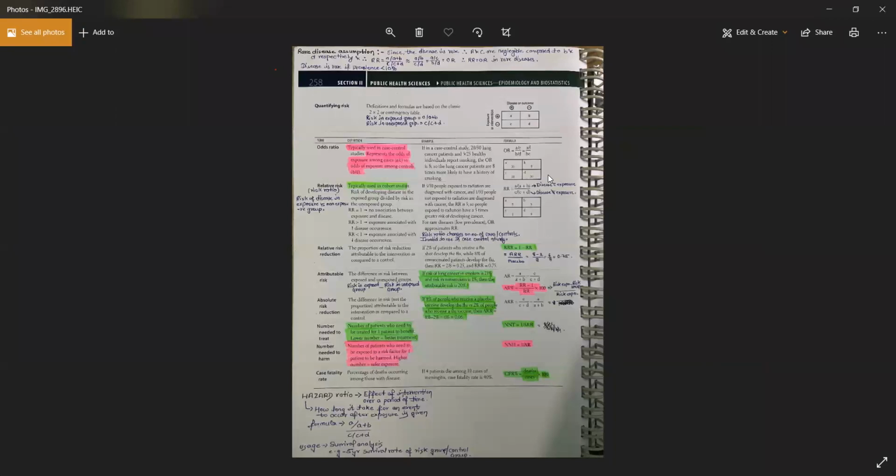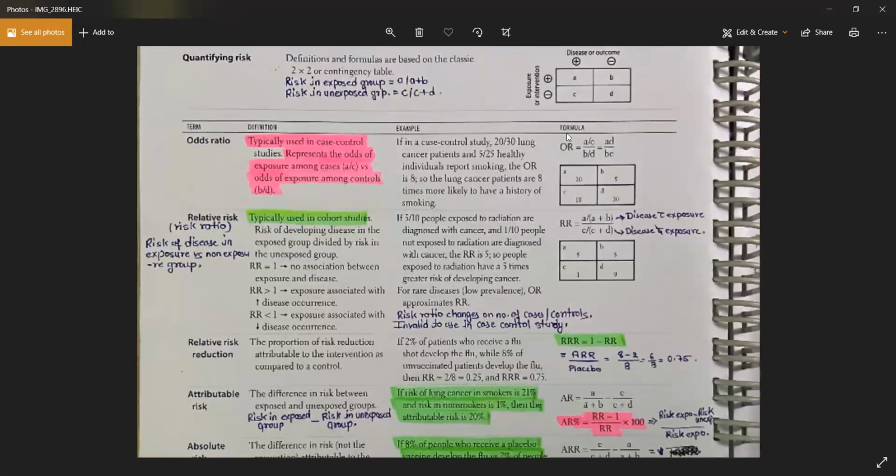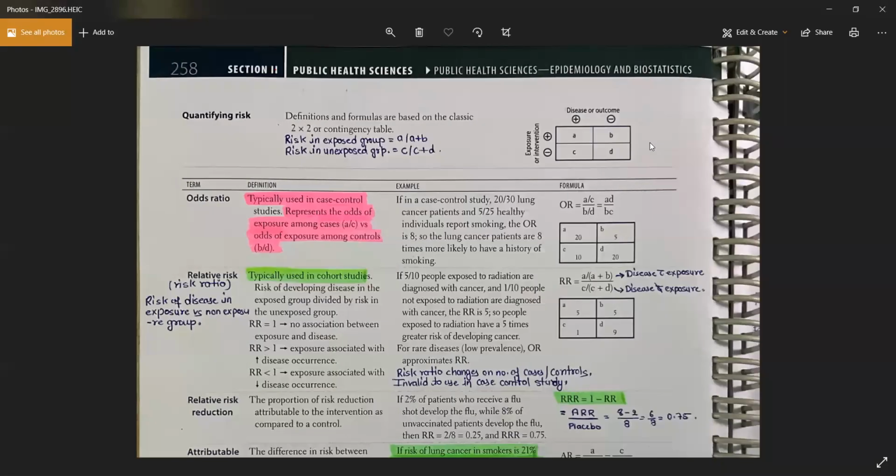Then comes quantifying risks, which means the odds ratio, the relative risk reduction, the attributable risk and everything. Let us suppose there is a patient or a group of patients who have the disease or do not have the disease, or a certain outcome, not just a disease but a certain outcome. You have given an experiment or an intervention, like a risk factor, it could be anything, like a certain environment given to certain patients.